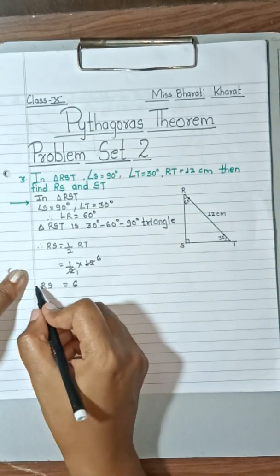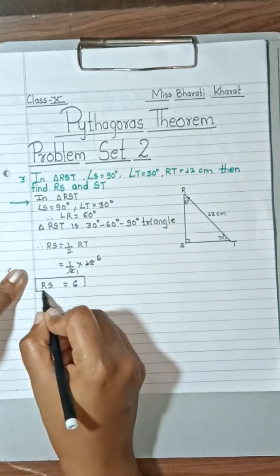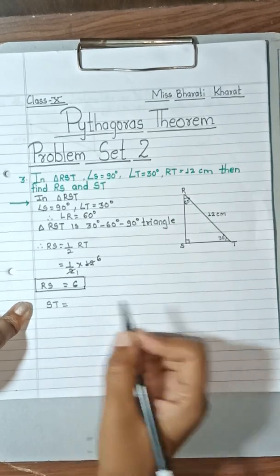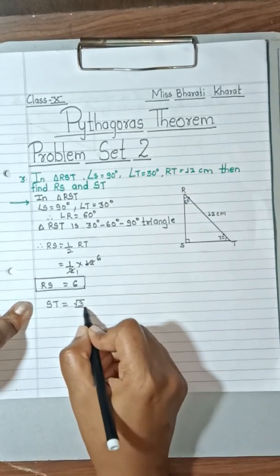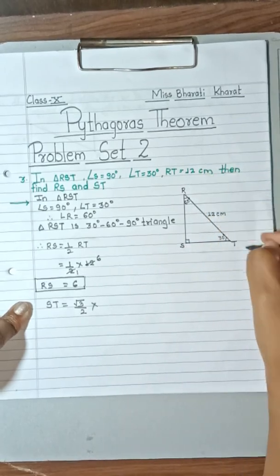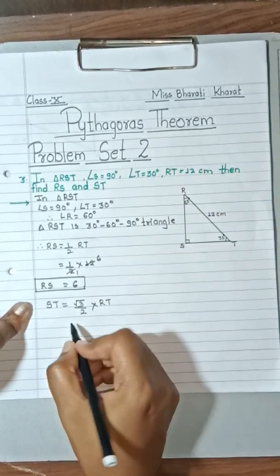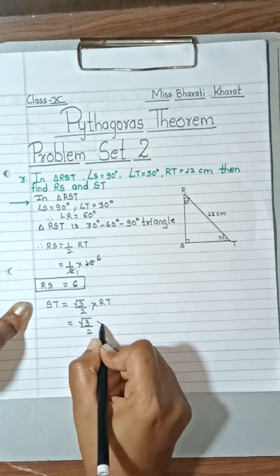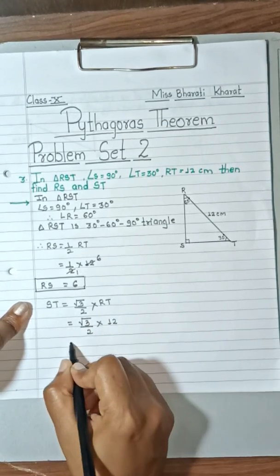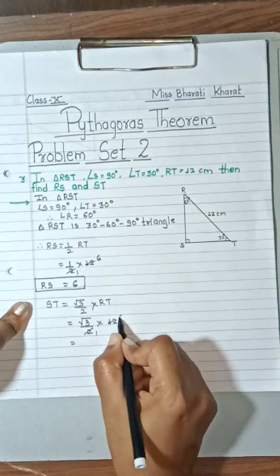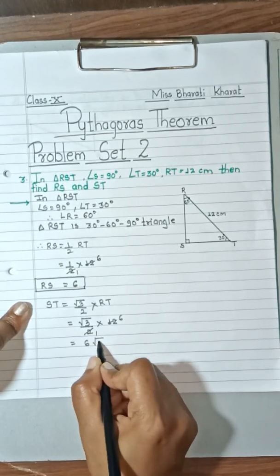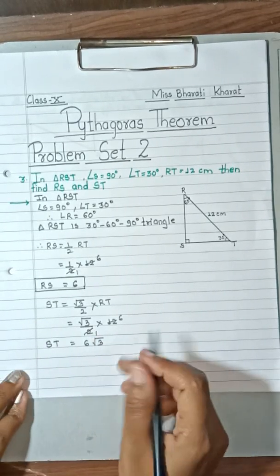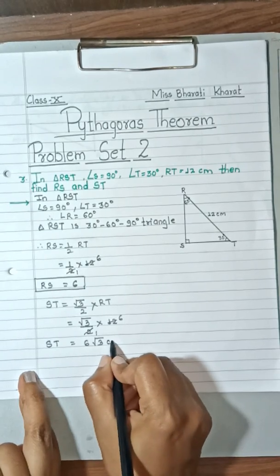Now similarly we'll find ST. ST is equal to root 3 upon 2 of the hypotenuse, that is RT. Therefore you can write root 3 upon 2 into 12, that is 2 sixes are 12, that means 6 root 3 is ST. You can write centimeters here as they have given in centimeters.